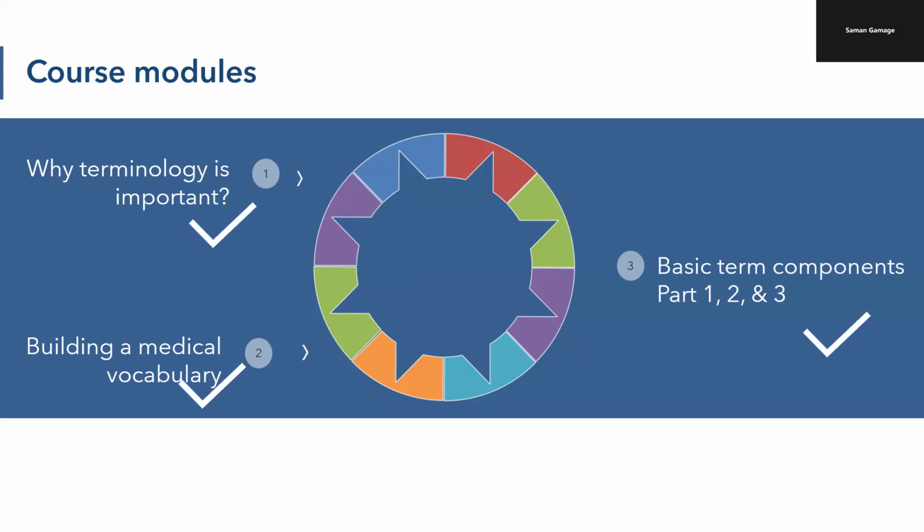What are the basic term components? Prefixes, combining forms, and roots. Then common rules for forming medical terms, rules for pronunciation, rules for spelling, everything we have learned. And during this session, we went through many prefixes, combining forms, and suffixes.